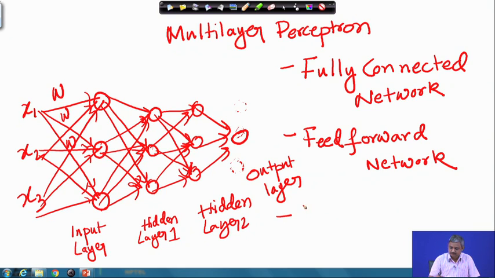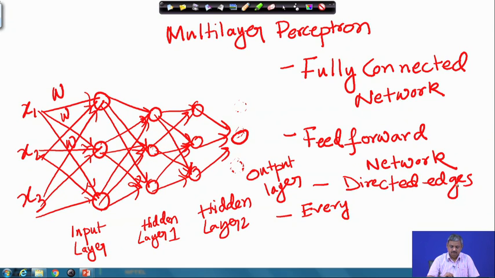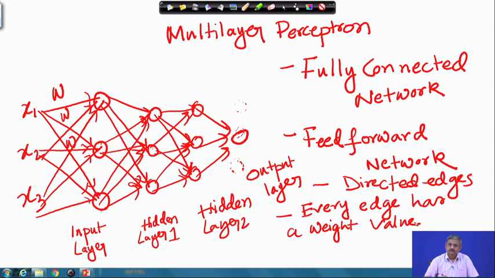So, you have directed links, one output of one goes as input of another, you have directed edges. And every edge has a weight value.